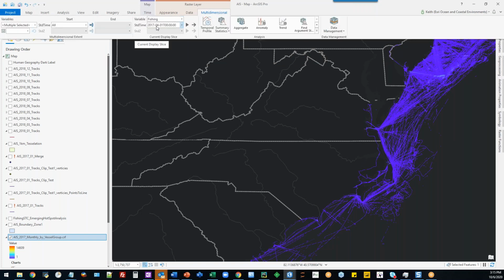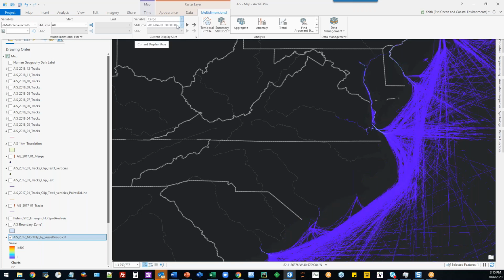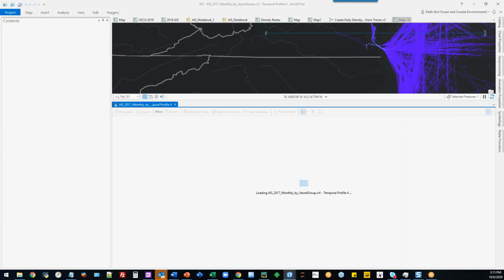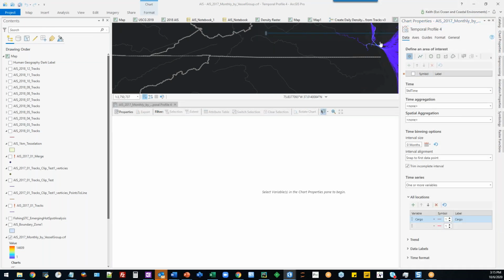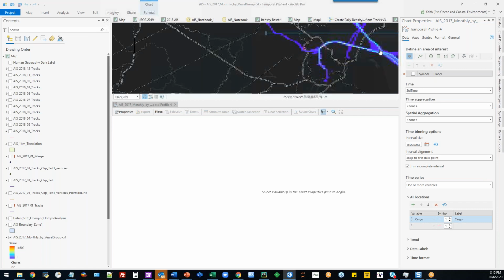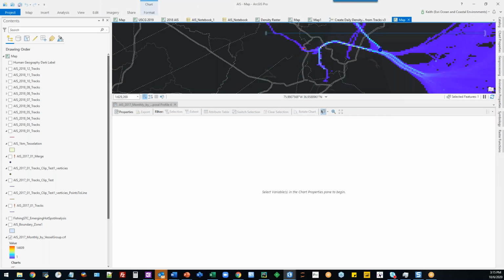So here is the month of April for fishing, but you can easily switch over to cargo, understand what cargo looks like, and let's say you want to get a temporal profile for a pixel and see what a specific location has over time, as far as the amount of cargo vessels.